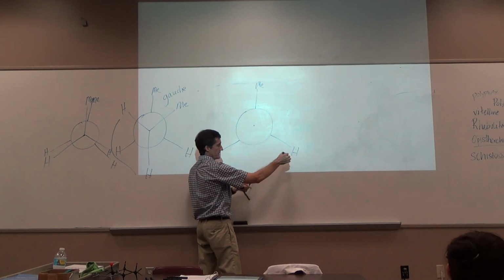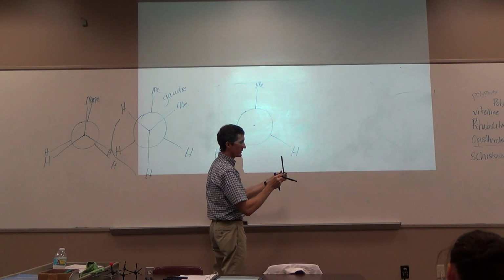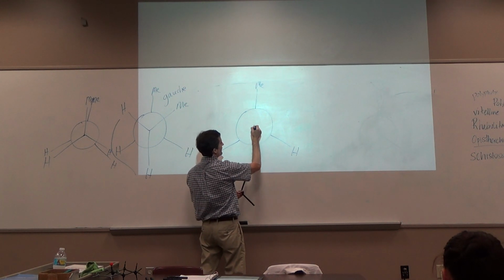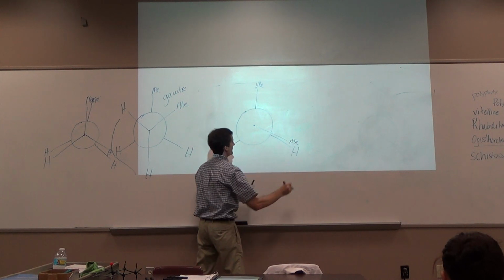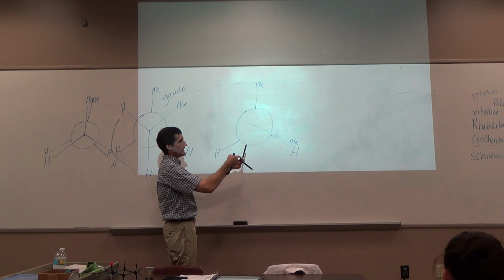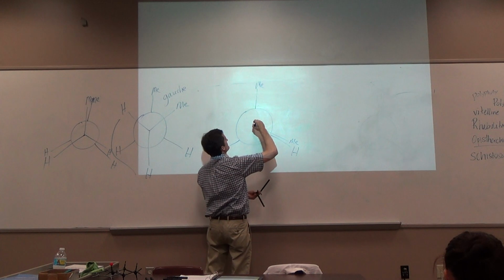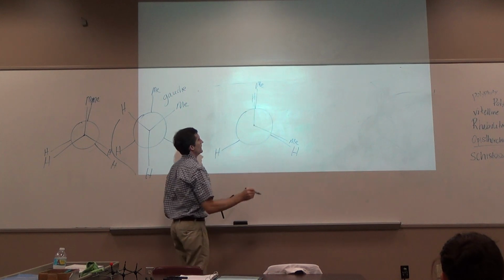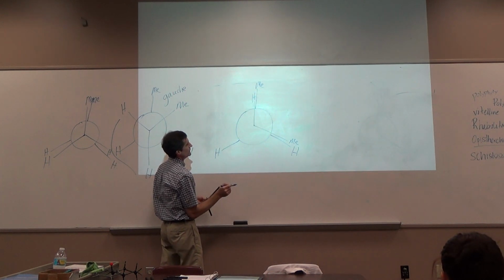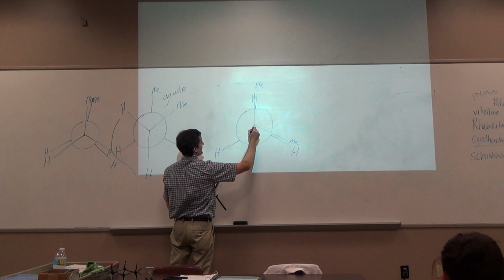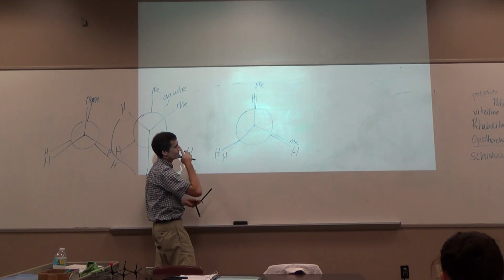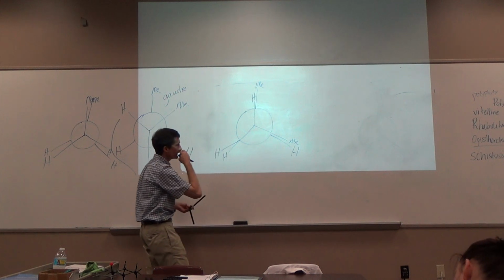It's going to be eclipsed with the H. And so the methyl is going to be now sort of like this. There's an H straight up. I'm going to do that sort of here. And then there's an H coming this way, sort of like this. So we're back to an eclipsed.